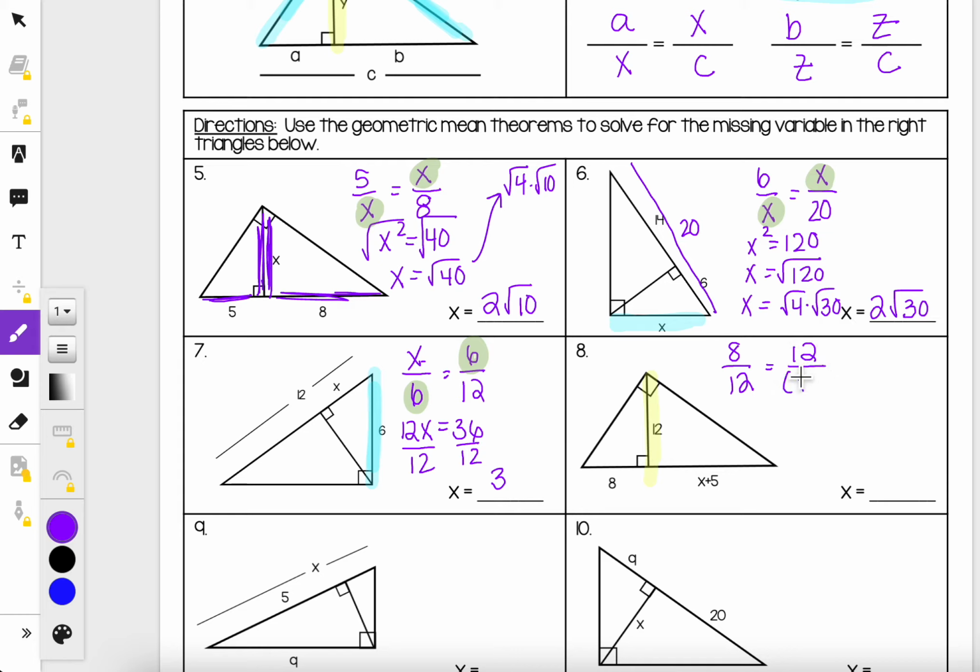I'm going to be really careful and put that in parentheses so I don't forget to distribute when I cross multiply. So I'm going to have 8 times x plus 5 equals 144. Divide both sides by 8, and x equals 13.